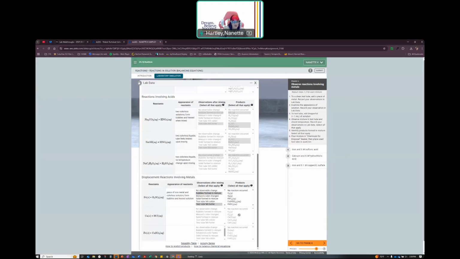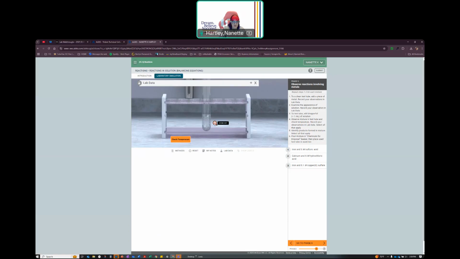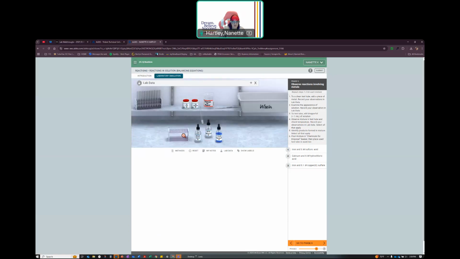And so I look at this and I say, okay, FeSO4 aqueous plus an H2 gas. And I think that's what I'm seeing. I'll zoom out. I'm going to dispose of this.